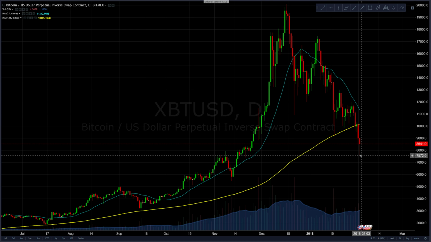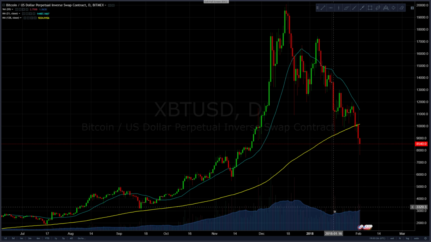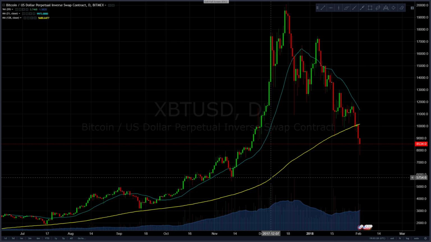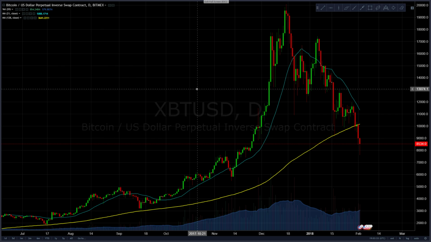I'm looking for price to really just reject from right here, where the volume is not there. I can go ahead and tweak this volume real quick.